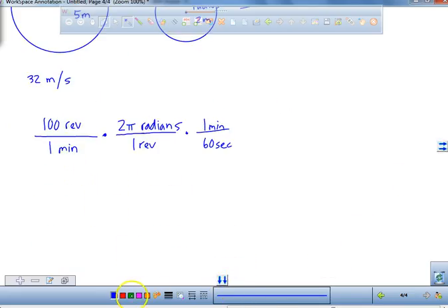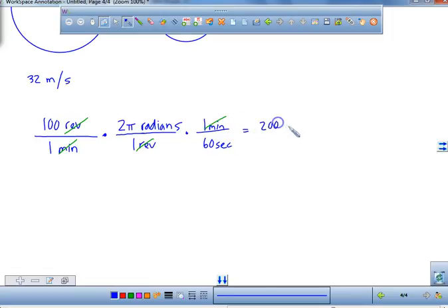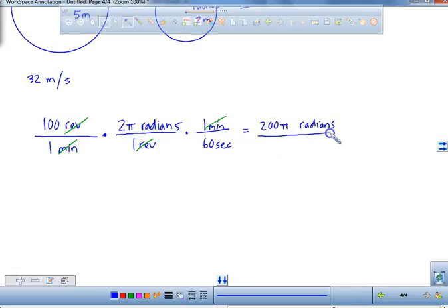So what's going to cancel out? The revolutions are going to cancel out. The minutes are going to cancel out. And what are we going to be left with? Radians per second. So we're going to be left with 200 pi radians over 60 seconds.